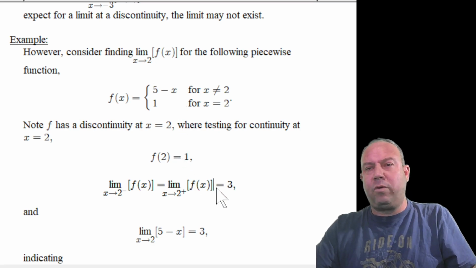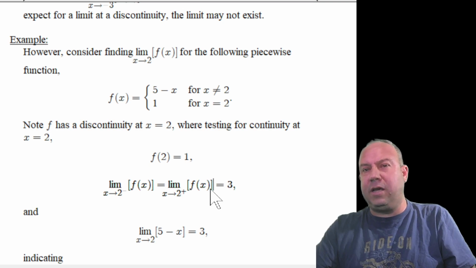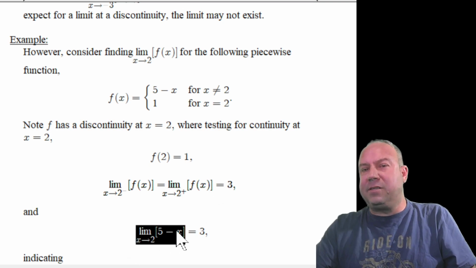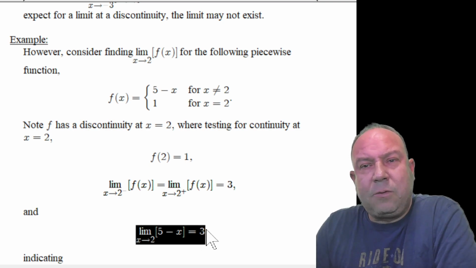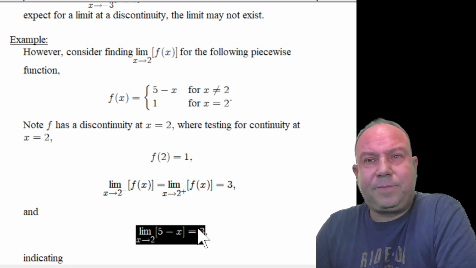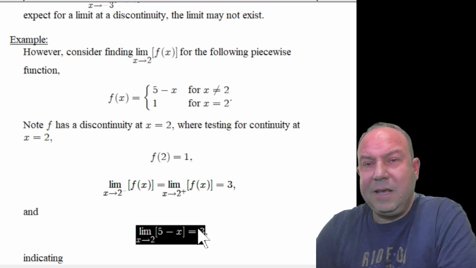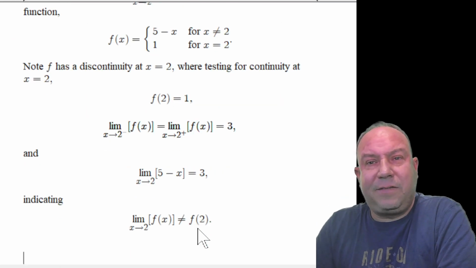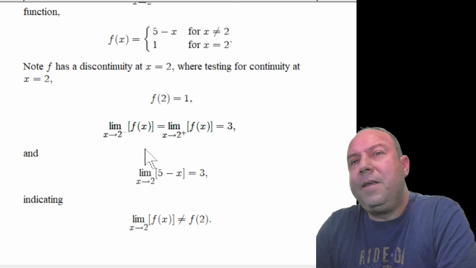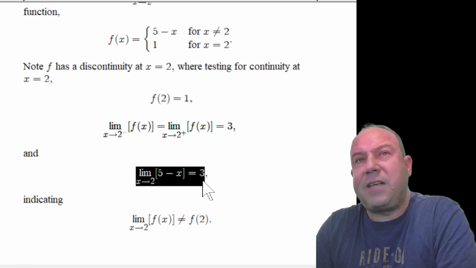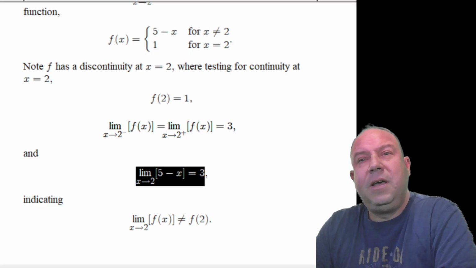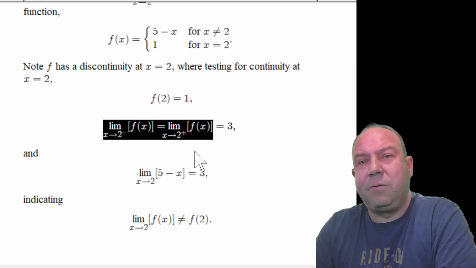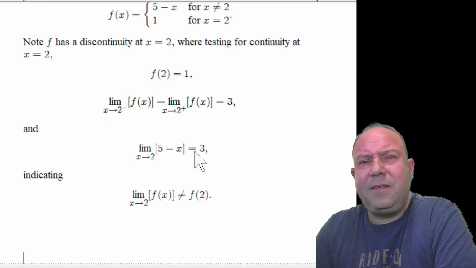What we might say is both of these are equal to the limit as x approaches 2 of the argument 5 minus x, which would be equal to the value of 3. Indicating here the sense that the value of the limit as x approaches 2, the argument we were interested in, is equal to the value of 3, since the left and the right-hand approaches are equal to 3. Now, do I say that in this? I got to be careful.